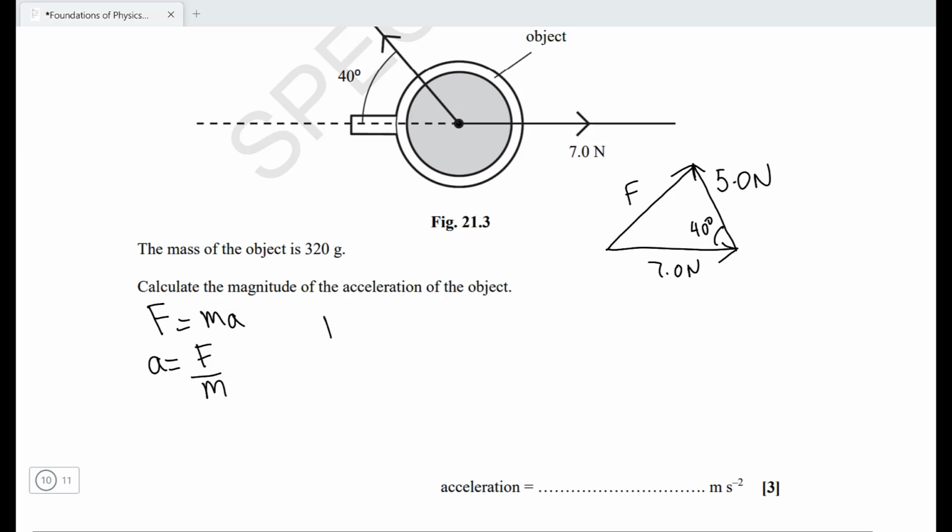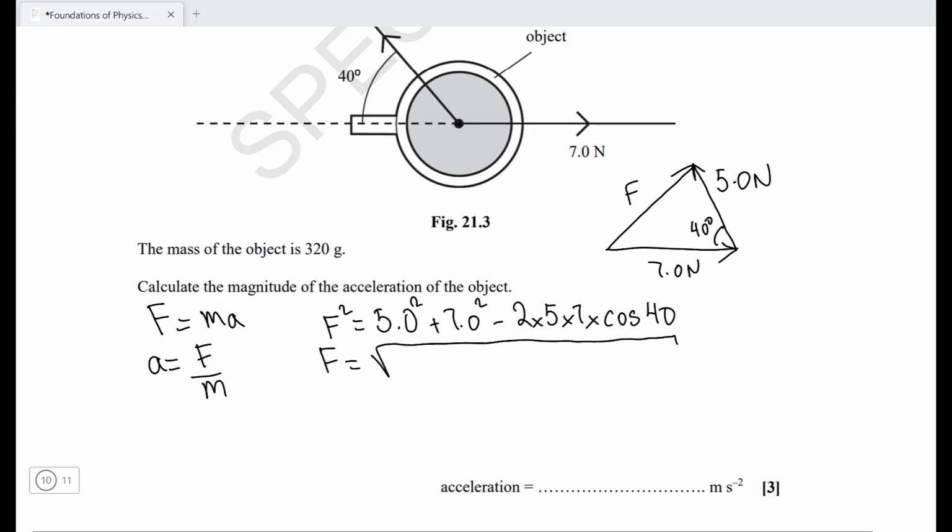So F squared is going to equal 5.0 squared plus 7.0 squared, take away 2 times 5 times 7 times the cosine of the angle between them, which is 40. F is going to be the square root of that expression. If we put that into a calculator, we are going to get 4.5 newtons.